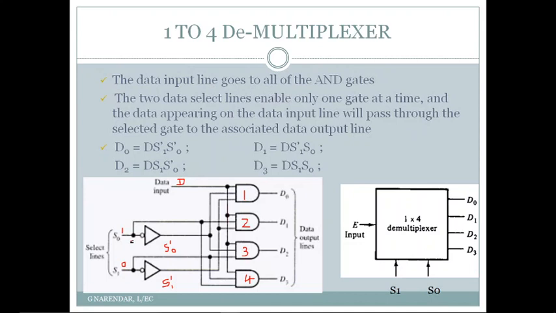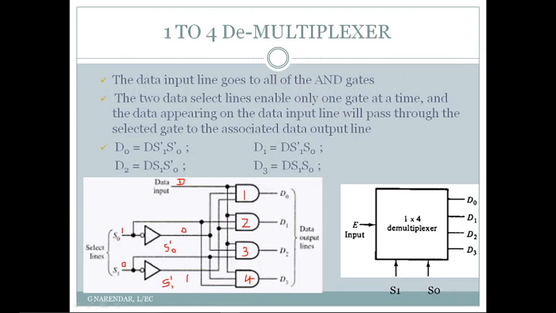So you can see that while S0 is 1, S0 bar equals 0, and while S1 is 0, S1 bar is 1. So the AND gate that is enabled is the one for which both the inputs are 1 and 1, apart from the data input.